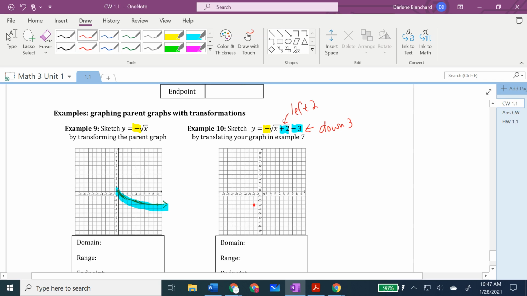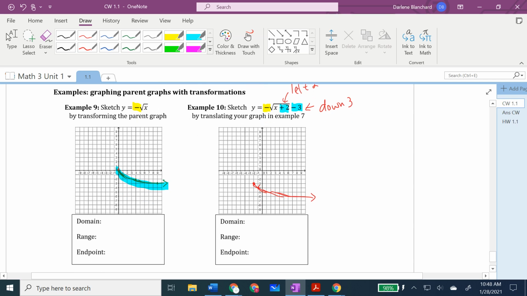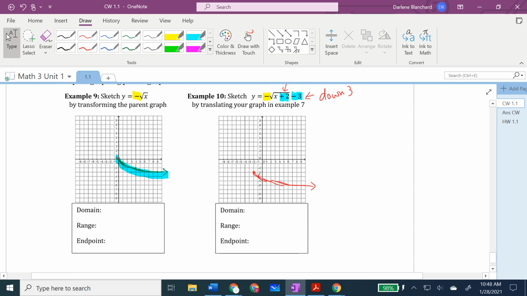And then you can either individually move the rest of them or realize the pattern that it takes on. I'm trying to just quickly throw that out there. Okay, domain. The domain with just multiplying by the -1 is still 0 to infinity, but the range changes.